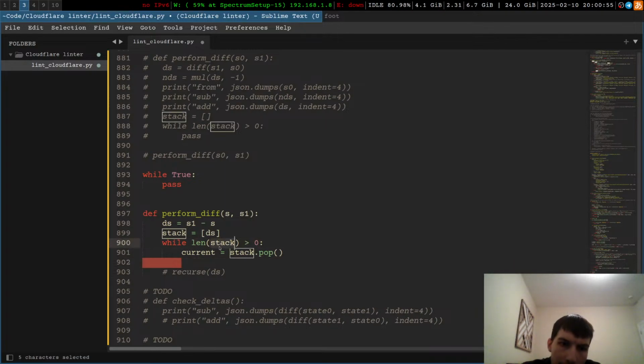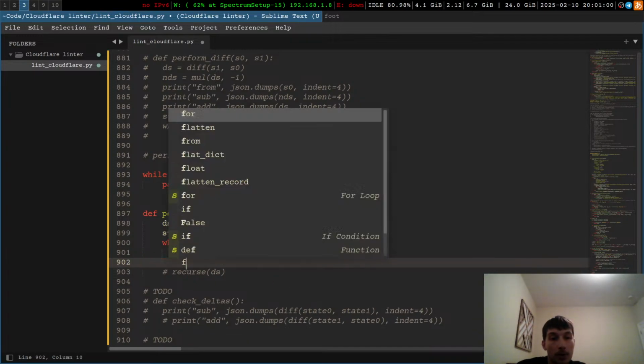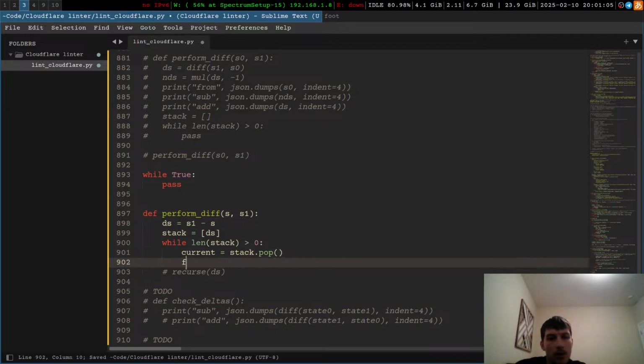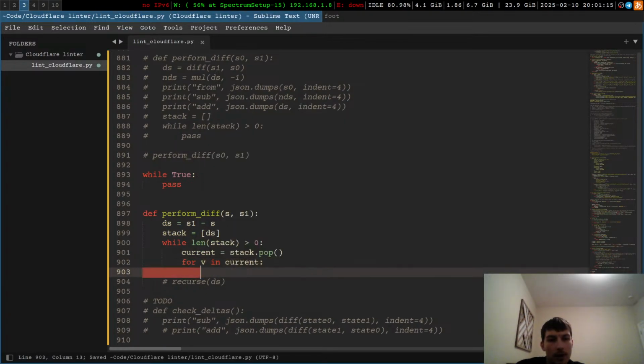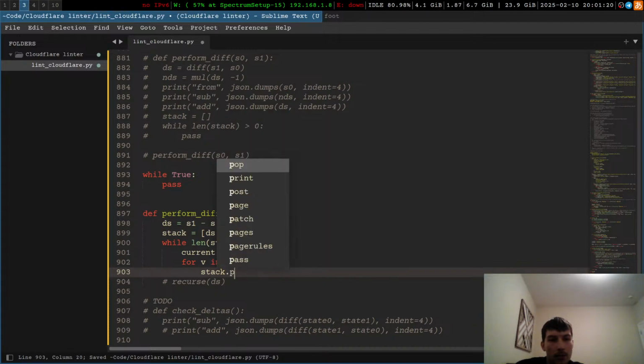So we have a stack. We pop the stack. We iterate through the elements, v in current, and then we say, okay, stack dot push v.